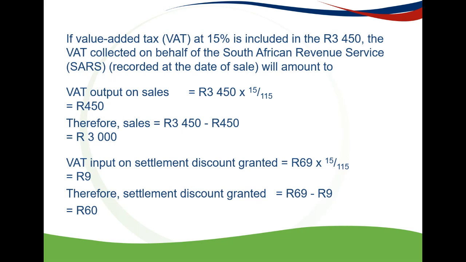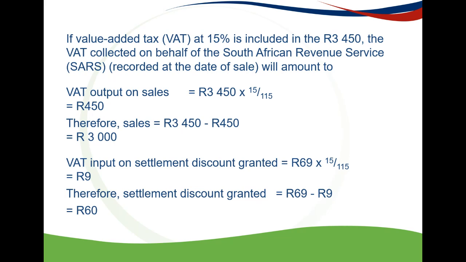So therefore, my settlement discount granted is 69 Rand minus the input VAT of 9, which is 60 Rand. So when I'm recording my settlement discount granted expense, it will be the 60 Rand.